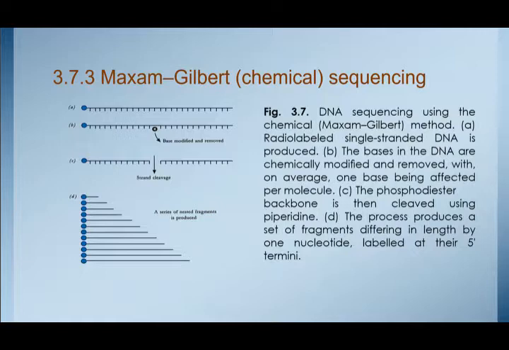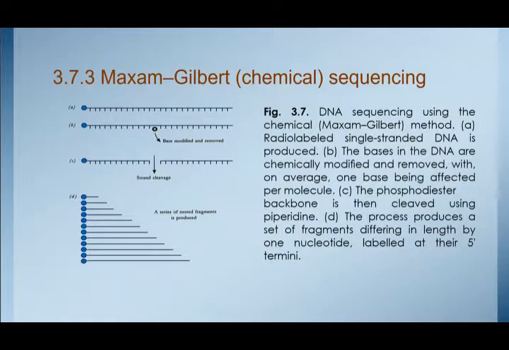The next step is a chemical modification of the bases in the DNA strand. This is done in a series of 4 or 5 reactions with different specificities, and the reaction conditions are chosen so that, on average, only one modification will be introduced into each copy of the DNA molecule.